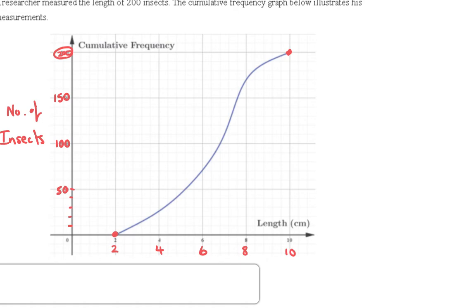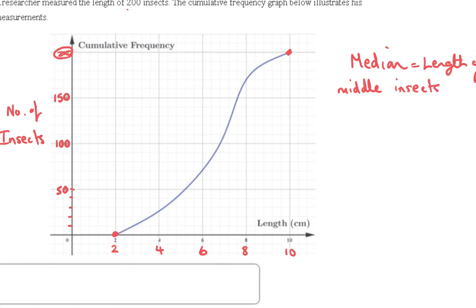Now what we can do, we can actually find a median here. And the median is the length of the middle insect. So basically, if we lined all these insects up in order of length, then we want the middle one.